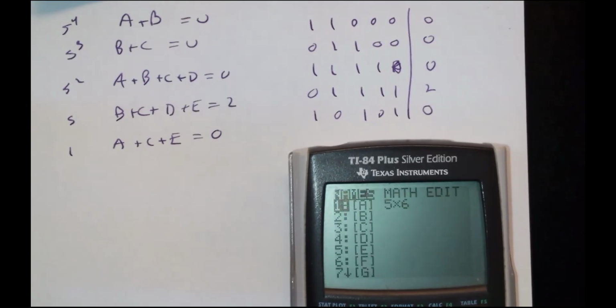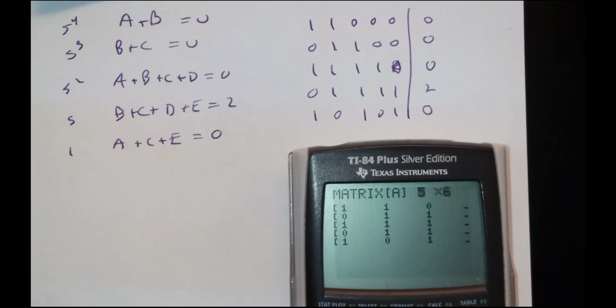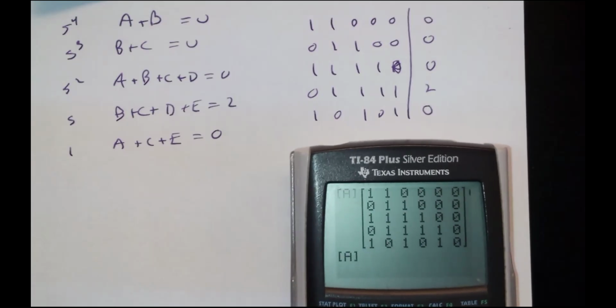Did I get the matrix in there correctly? 1, 1, all 0, 0, 1, 1, the rest are 1. Oh, no, I didn't. What did I forget? Yeah, I forgot the 2. So let's go back and edit that and put in the 2 over here. Okay, good. I got the 2 in the right place.